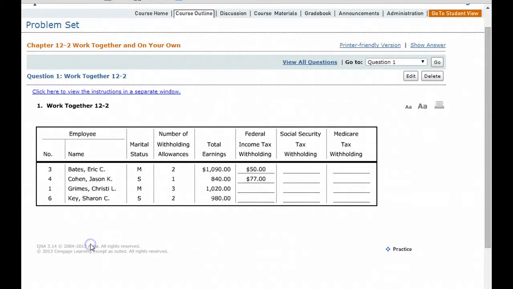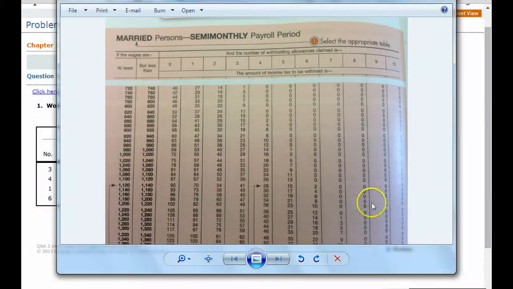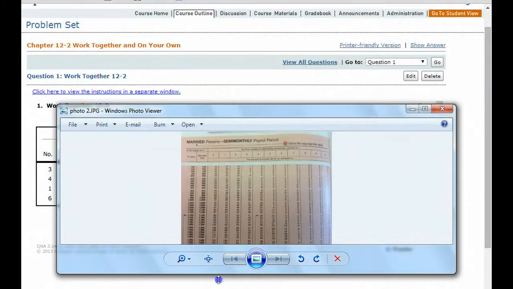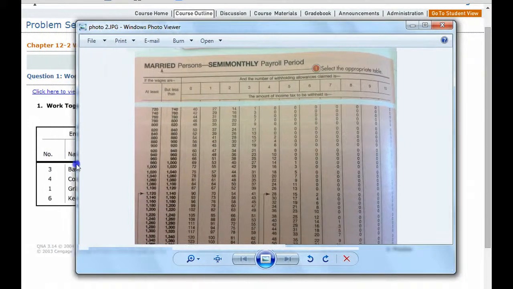Okay, so the next one right here, Christy Grimes, is married. She has 3 allowances, and she's earning $1,020. So let's go to the married people's form right here. And just a reminder, she is earning $1,020.